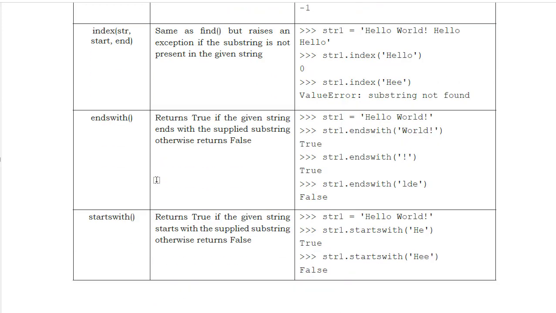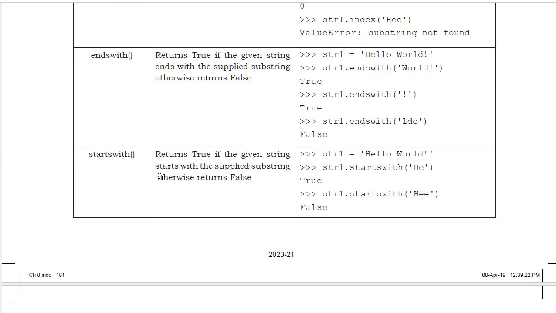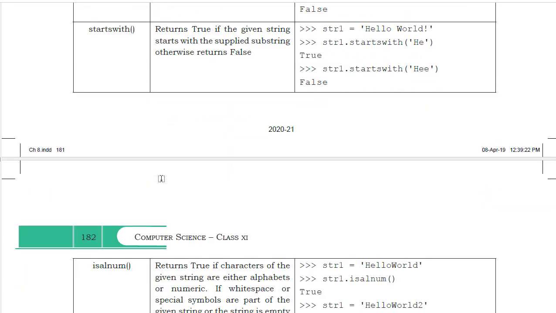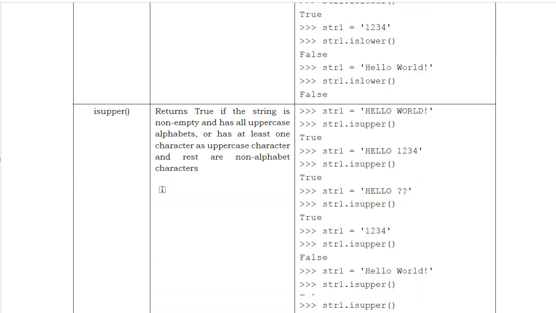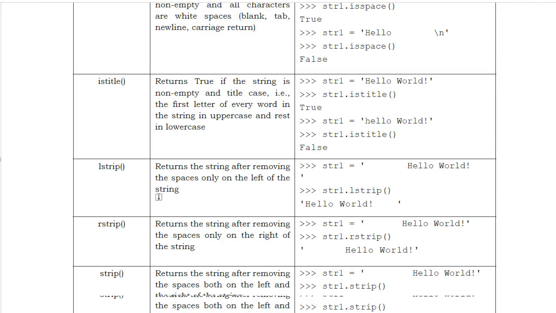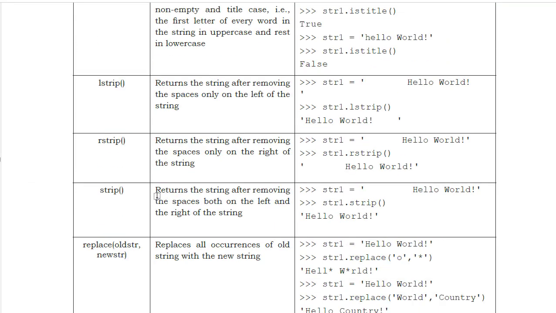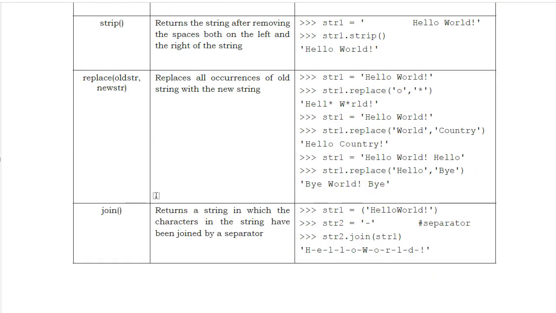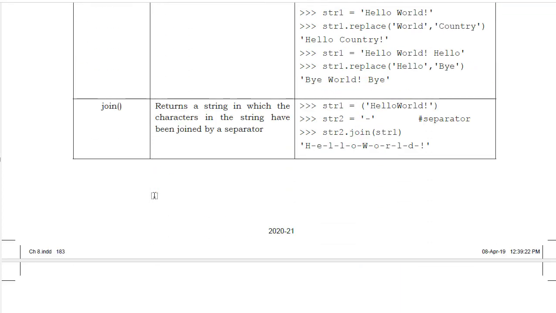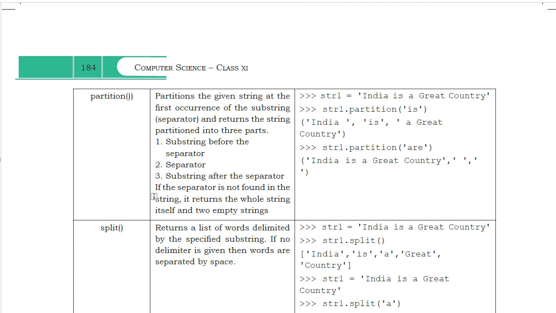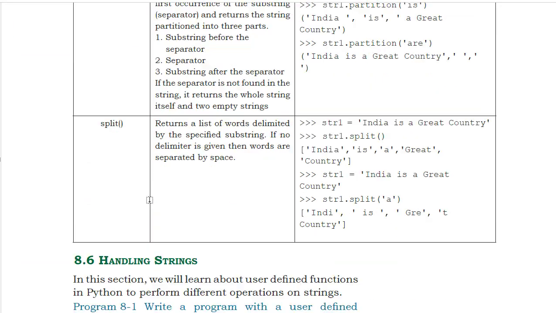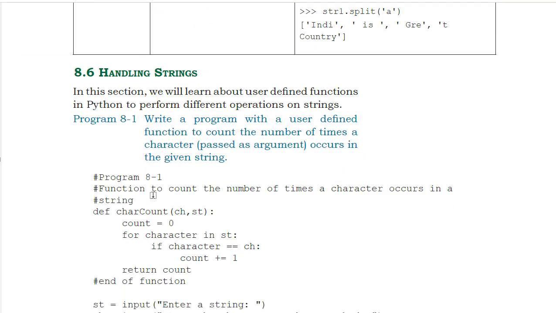If it is not possible for you, then you may download from NCERT study material, which is very good for beginner level CBSE students, and go through all these things. Okay, it will be helpful for you. Now it is completed. Look, there are so many built-in methods here: partition, split, all these things.